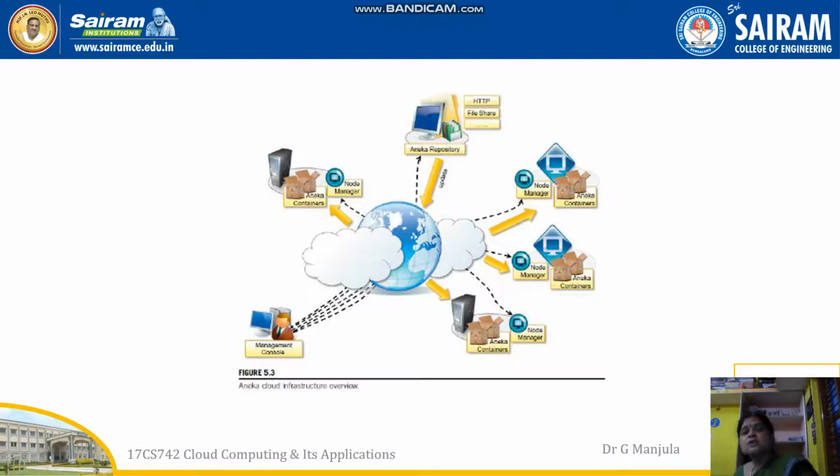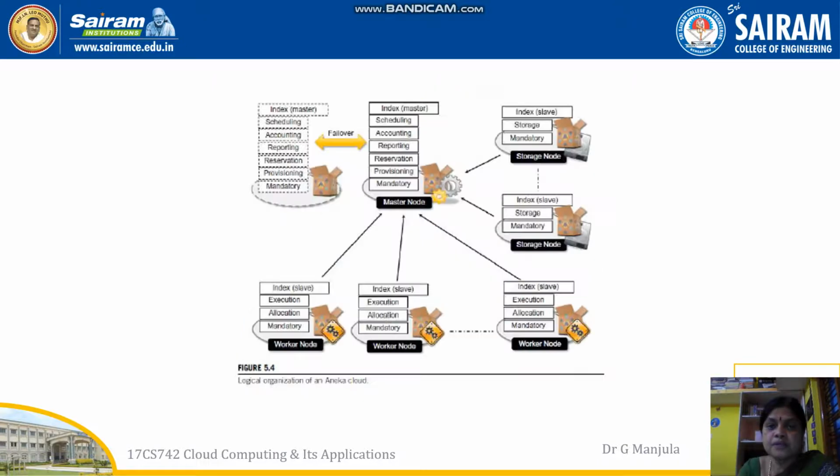Clear? So this is the infrastructure overview of an Aneka cloud, fine. Similarly, the same diagram, if I see it in terms of a database, in terms of logical relationships, or the logical organization of the cloud. Now you can see there is one container, and every container has a node manager. Now what does every node actually contain?